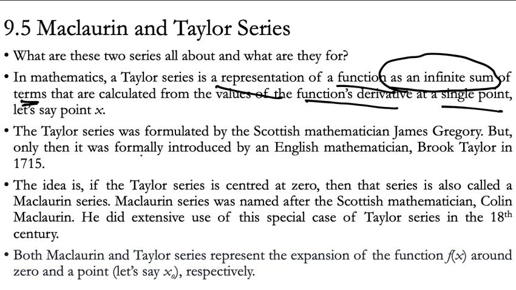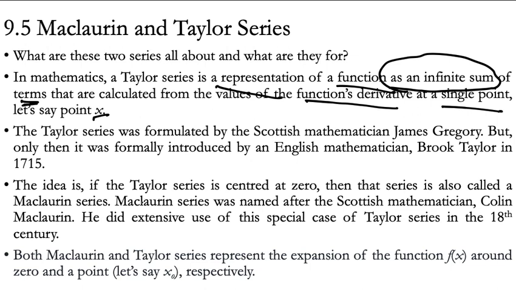Single point, single value, let's say point x, x naught, a, b, c, or whatever. So the Taylor series was formulated by the Scottish mathematician James Gregory, but only then was it formally introduced by an Englishman called Taylor in 1715. That's why it's called Taylor series.